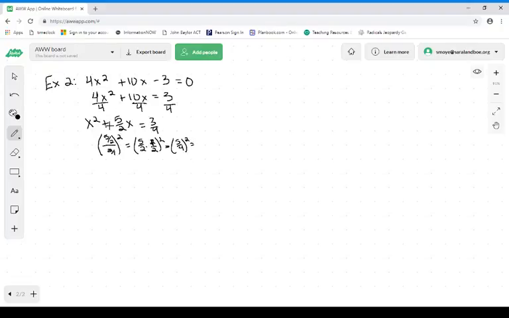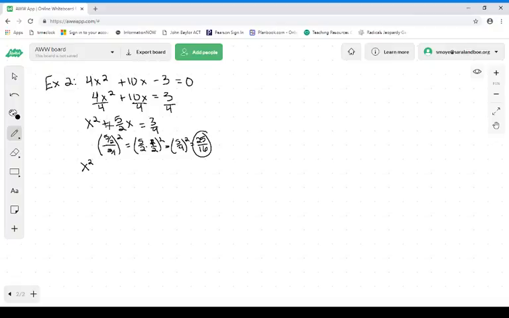Remember the rules of squaring a fraction? We square the top, we square that numerator, and we square that denominator. So we end up with 25 over 16. This is the fraction that I need to add to both sides of the equation to create a perfect square trinomial on the left.